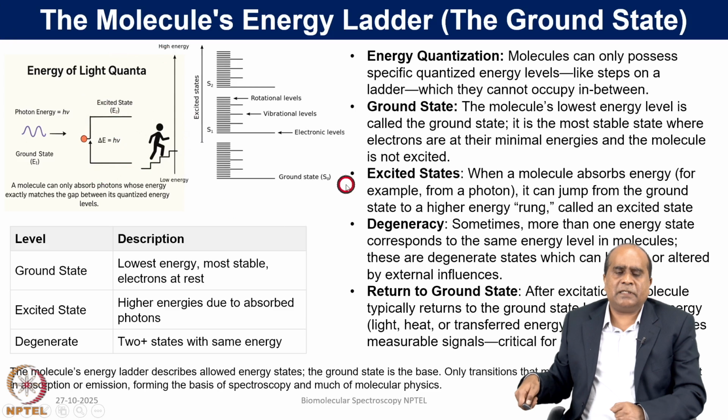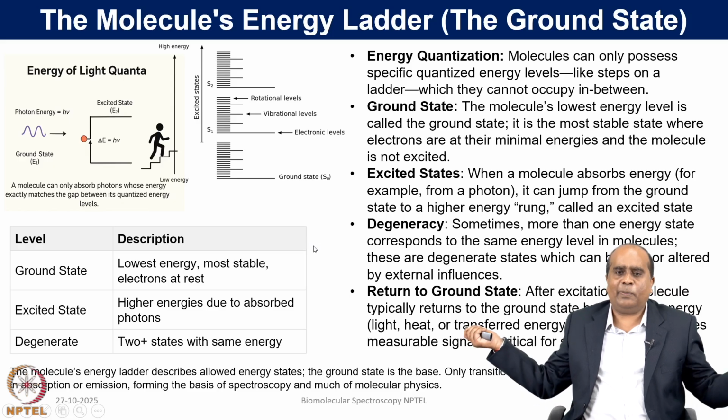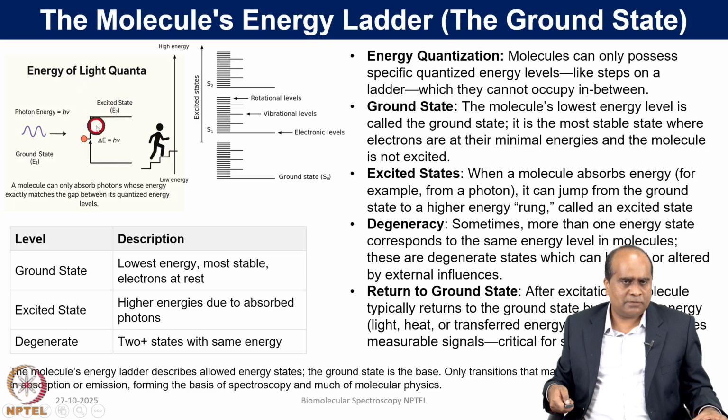So, that is the difference between ground state, excited state, and degeneracy. It happens as it does in all of our life: we want to be in the equilibrium state, the ground state, but if some energy is given, you are excited by some phenomenon, and one can go to the excited state. But you do not want to be there because that is not an equilibrium state or the most peaceful state. So, what do you do? Return back to the ground state, that is called return to ground state.